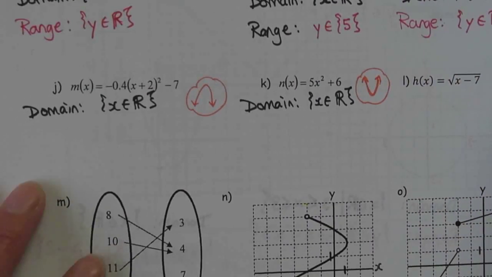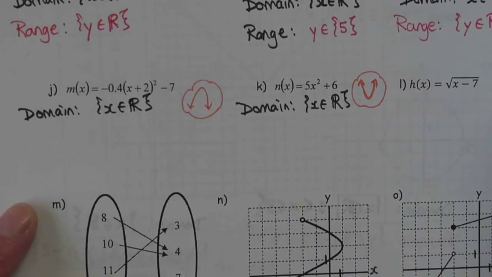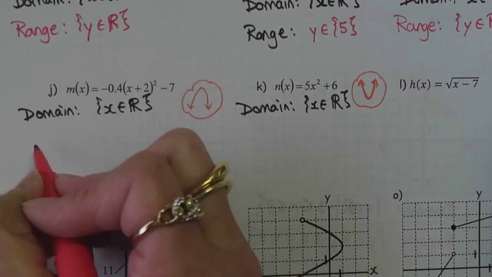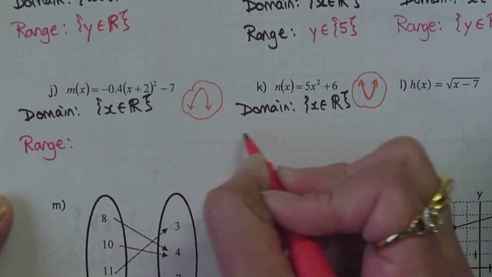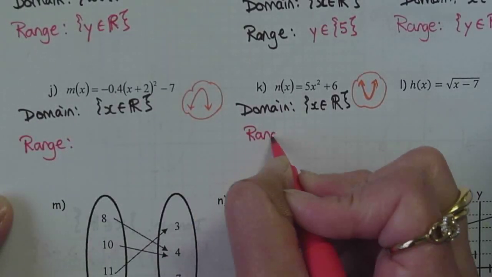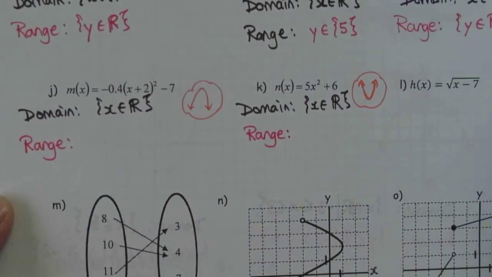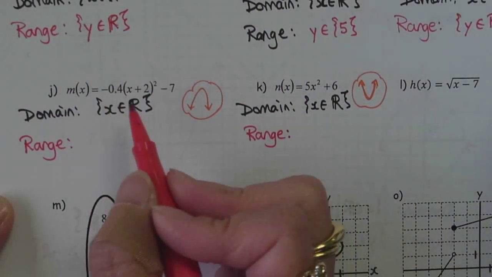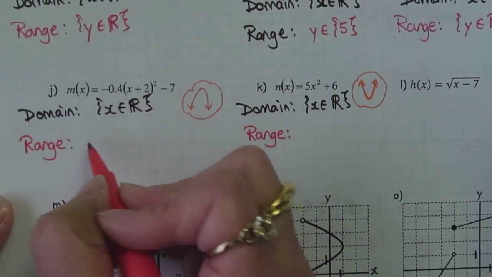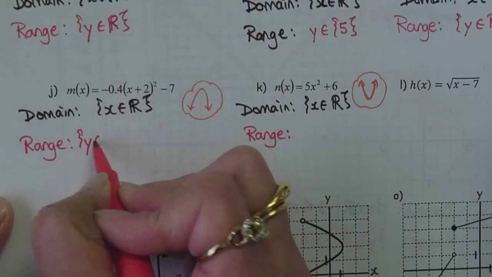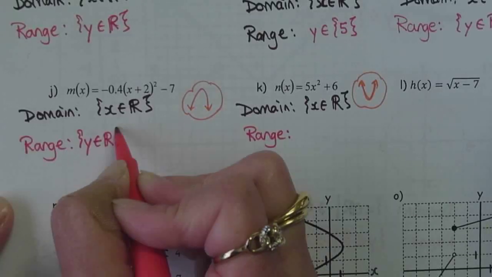So for both of them, x is an element of real. For the range, this one opening down, so I'm going to do y is an element of real.